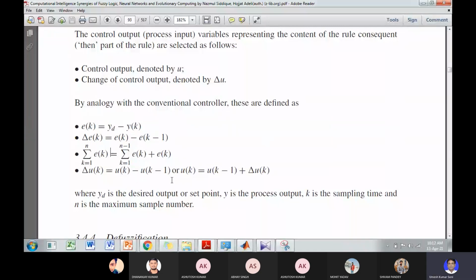So here the control action is defined by the previous control action plus the change in control action. So uk minus 1 plus del uk. So the del uk is defined by the PID rules.